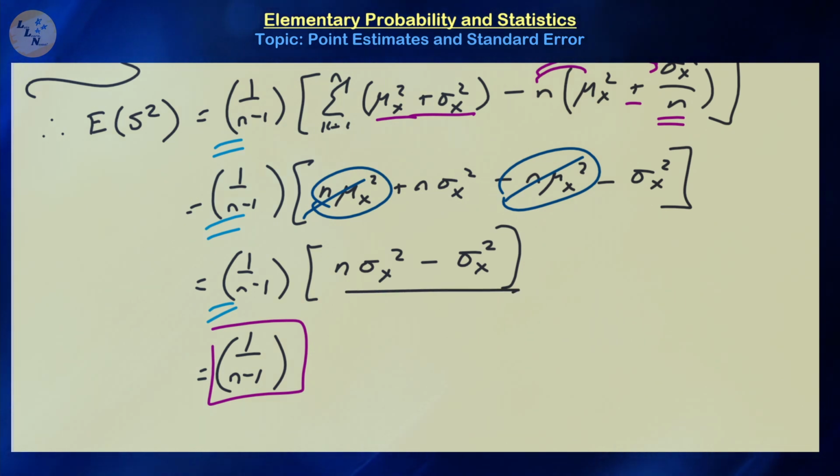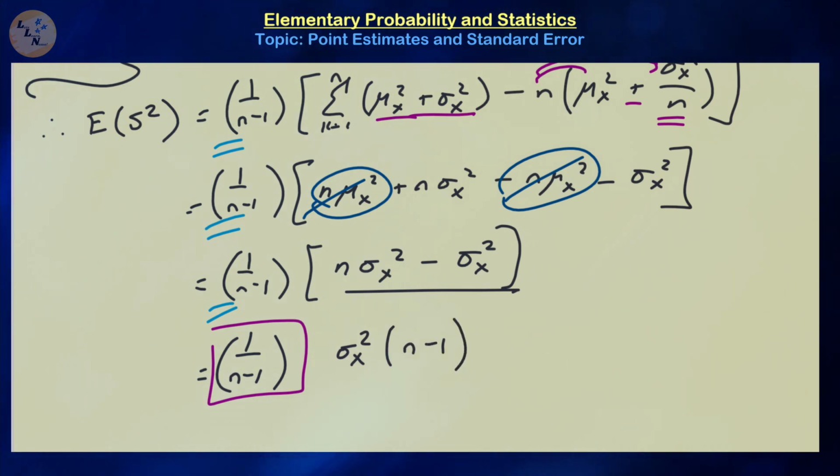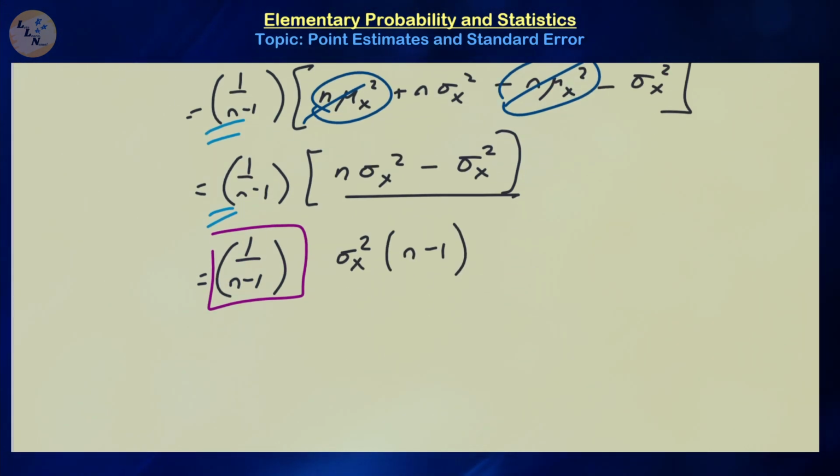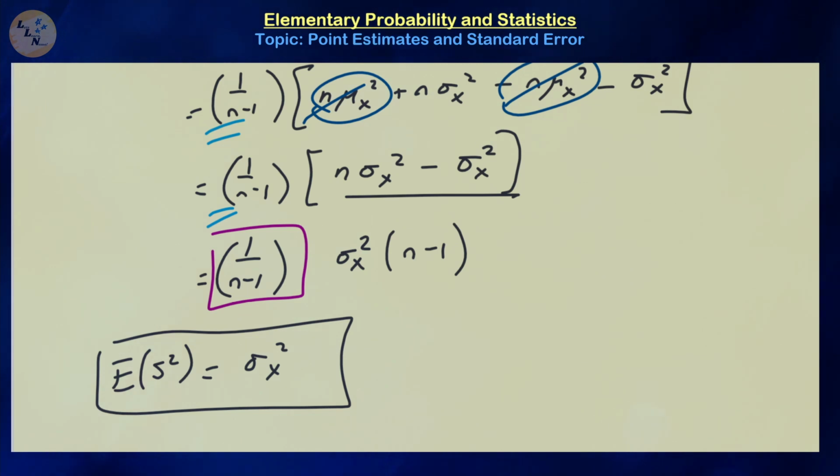Because notice, sigma x squared is a common factor, so I can factor that out. So I have sigma x squared times n minus 1. The only way that this result comes out to sigma x squared, thus proving our result, the only way that this is going to be true is if this constant is equal to 1 over n minus 1.